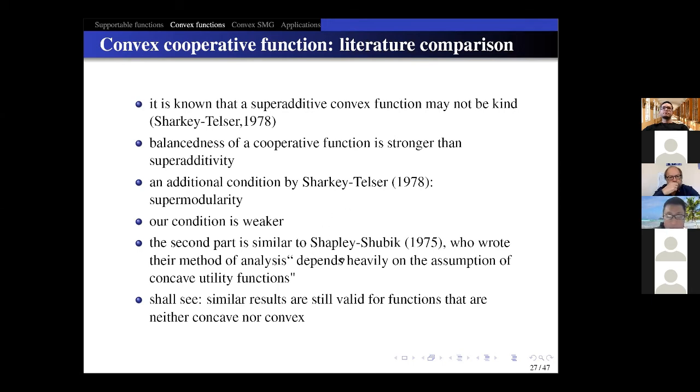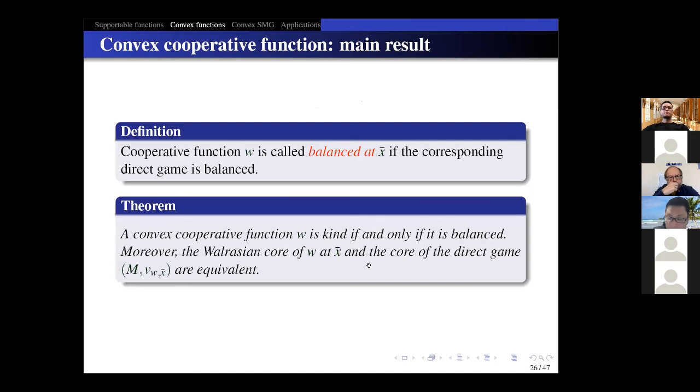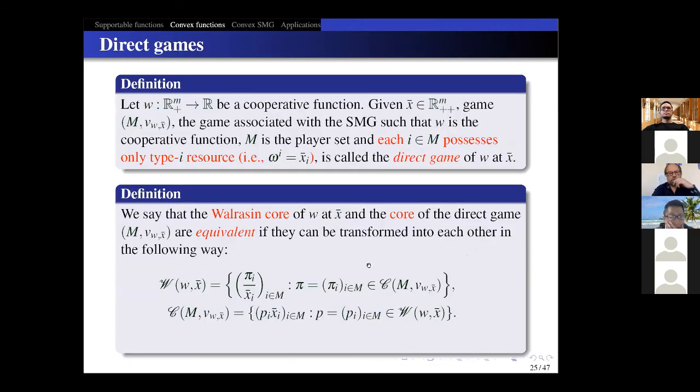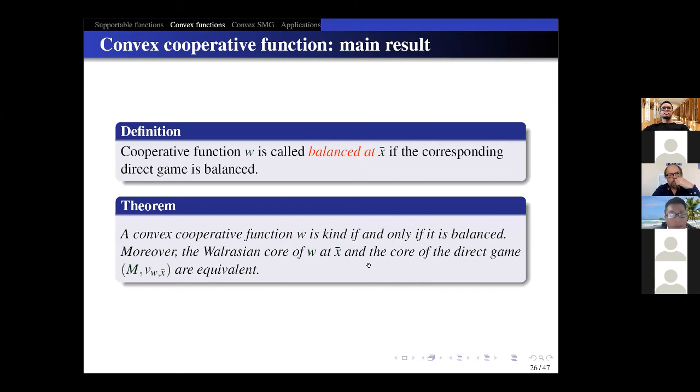And also, we have a second part of the result. Our theorem consists of two parts. First, we show that a convex cooperative function W is kind if and only if it satisfies some additional condition which is weaker than supermodularity.